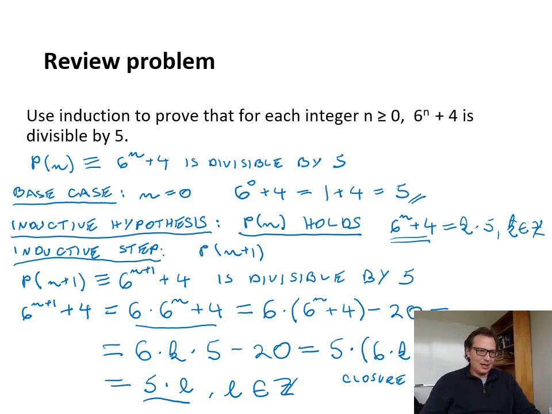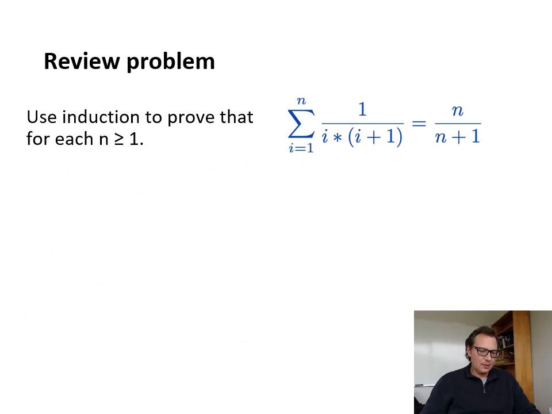So given that induction is maybe the most important proof technique that we'll cover in this course, let's look at more review. Okay, so this is similar to what we've done before. We want to use induction to prove that for each n greater or equal to 1, this holds.